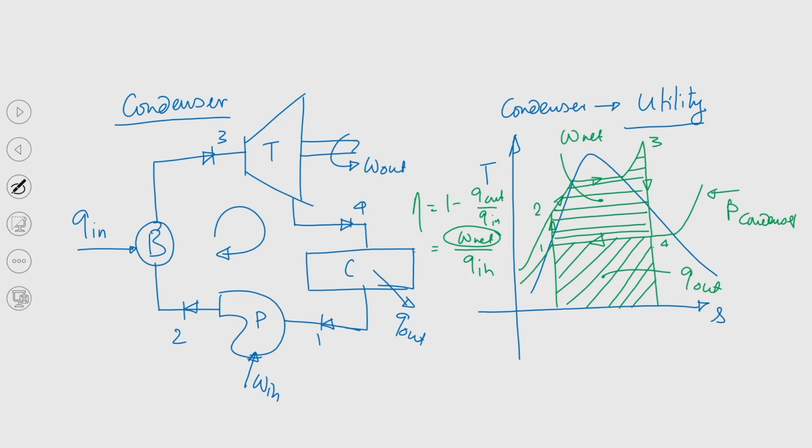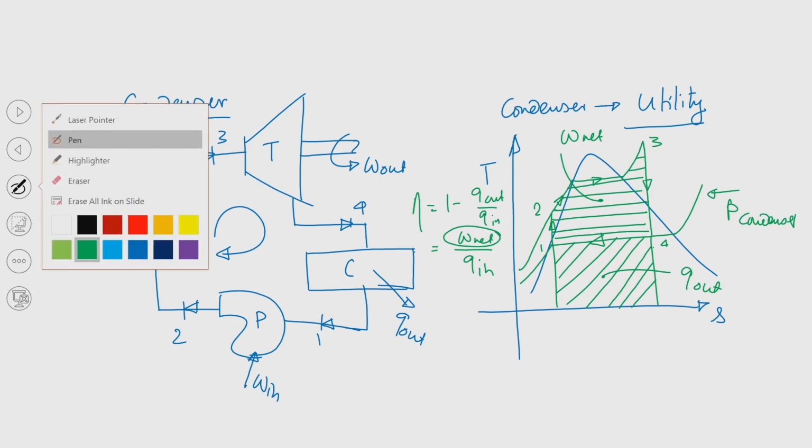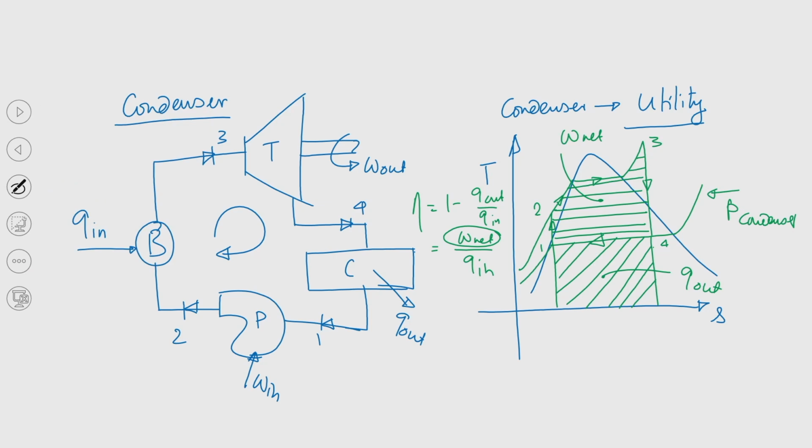By how can we increase it? This condensation process is occurring at a constant pressure, that is P condenser. What we can do is reduce the pressure at which the condenser is operating. Say instead of this, this is the new condenser pressure, P condenser new.